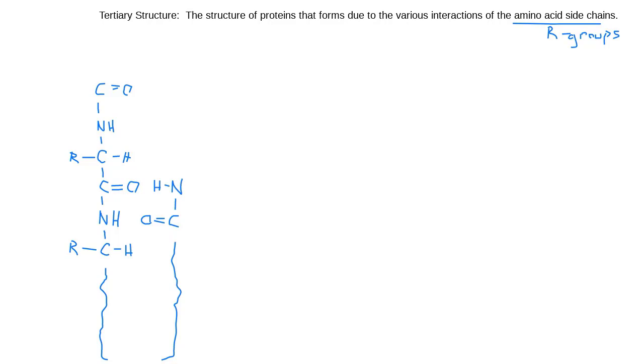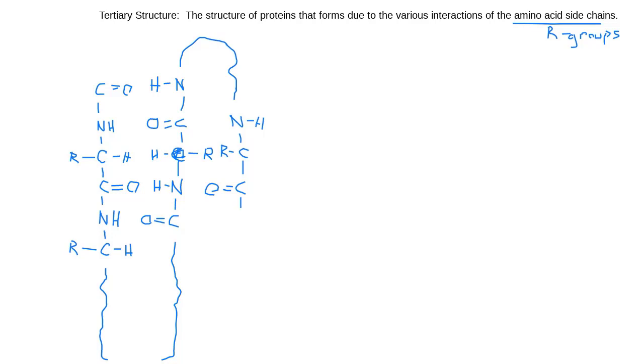For the secondary structure, you've got, oh wait, sorry, not H, C, R group, H, C double bond O, etc. And when this comes back down the other way, these R groups can interact with each other.